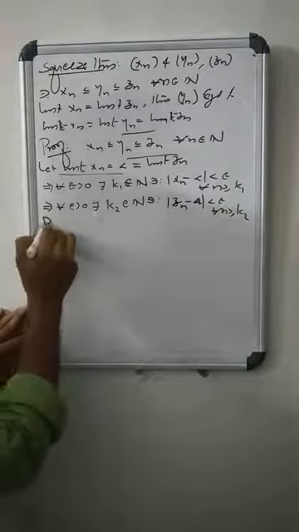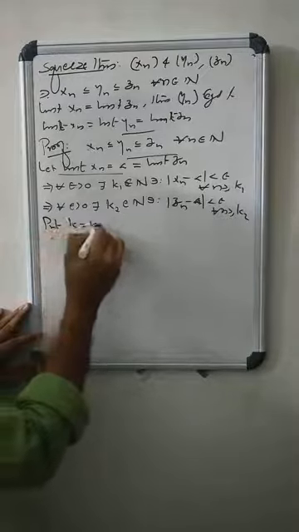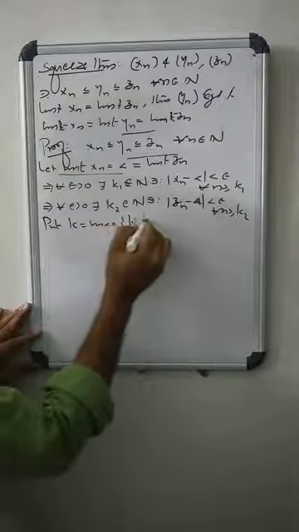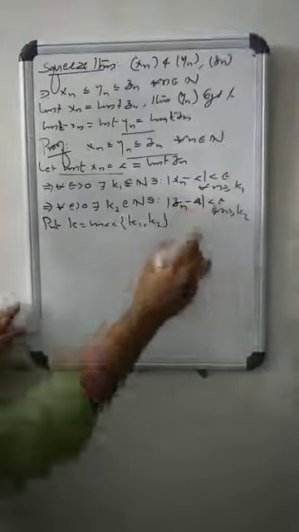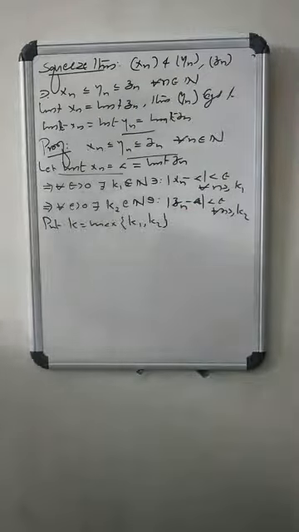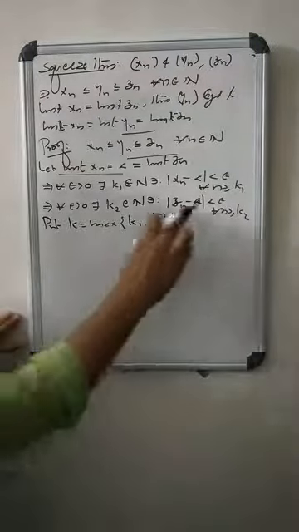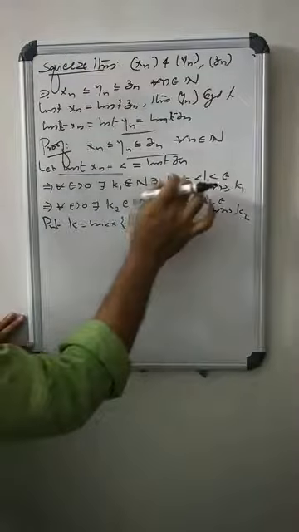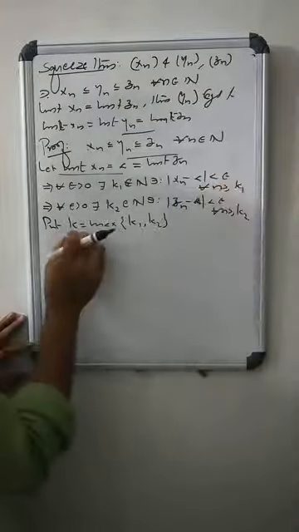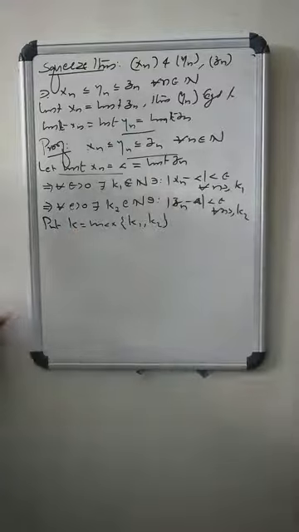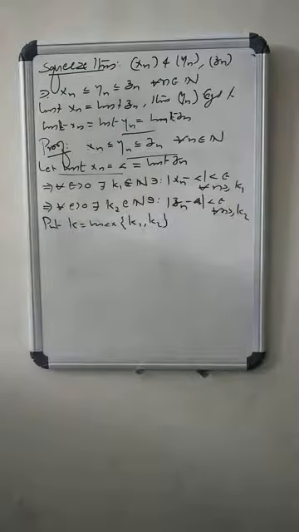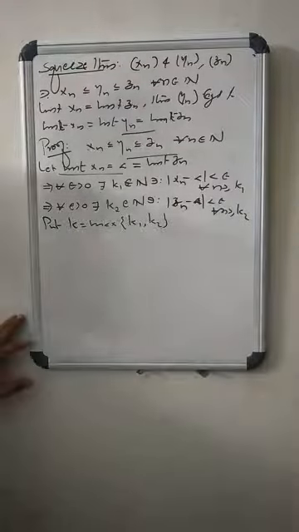So put k equals maximum of k1 and k2, then the above two conditions hold for n greater than or equal to k: mod xn minus a less than epsilon, as well as mod zn minus a less than epsilon, for all n greater than or equal to k.